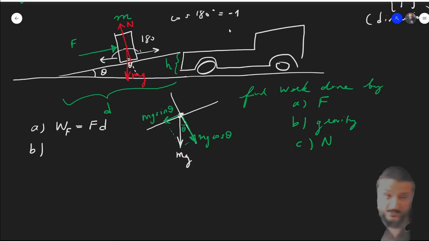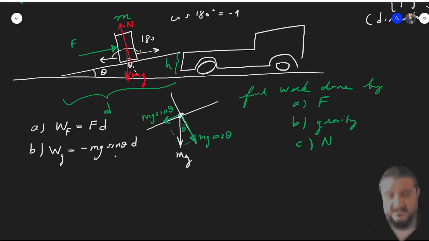All right, so the work done by gravity, let's call it WG, right? W is not weight, W is work. So WG means work done by gravity. First of all, it's going to be negative because of this cosine 180. Negative mg sine theta times d.